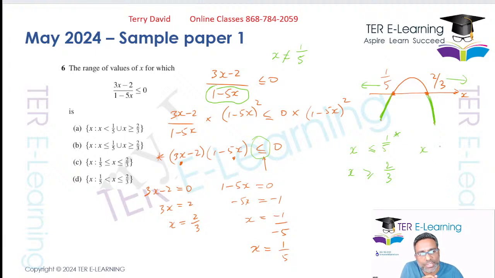So the solution is going to be x is less than 1/5 and x is greater than or equal to 2/3. Now, which one is that though? X is less than 1/5, x is greater than or equal to 2/3. So the answer that I would put here is going to be A.